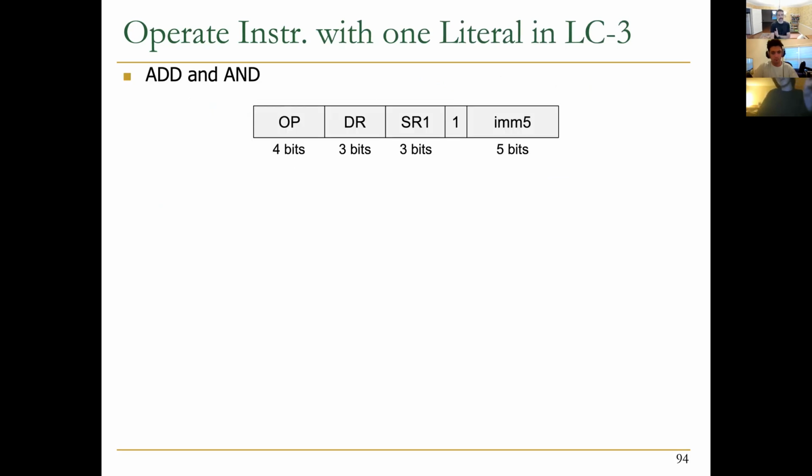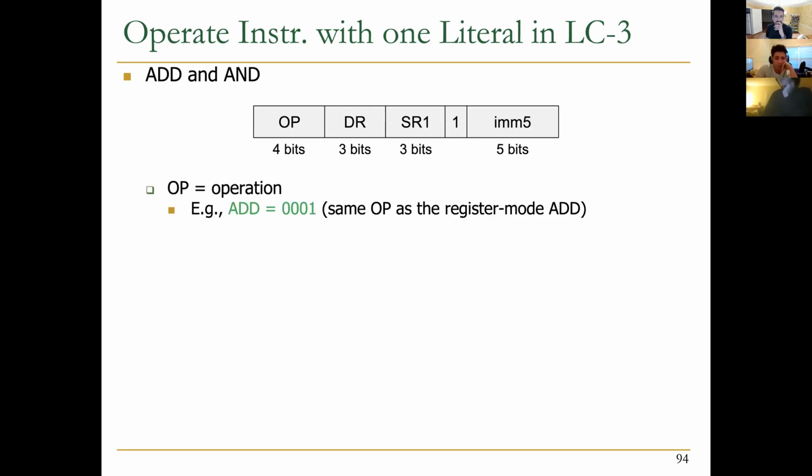So obviously we have add and AND in LC3, right? This is the encoding for the opcode for add, 0001. Again, to be clear, for anything, you do not need to memorize this opcode.